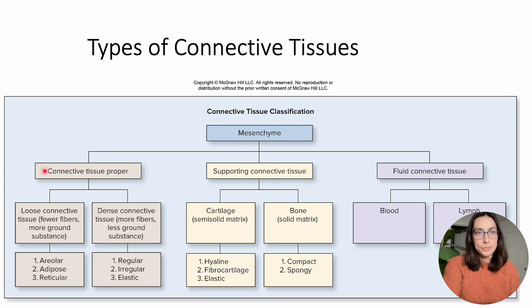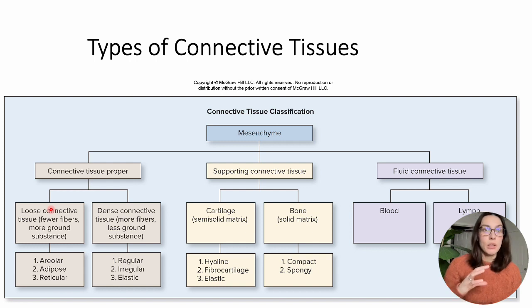Connective tissue proper can be classified into loose connective tissue and dense connective tissue, and those names tell you something about these tissues. In loose connective tissue, you have a lot of ground substance, which means not a ton of cells and not a ton of fibers, relatively speaking.